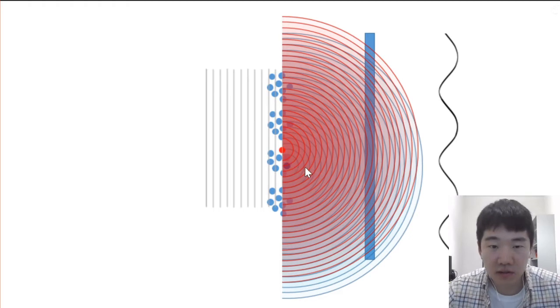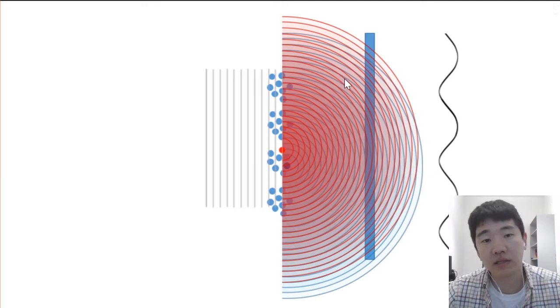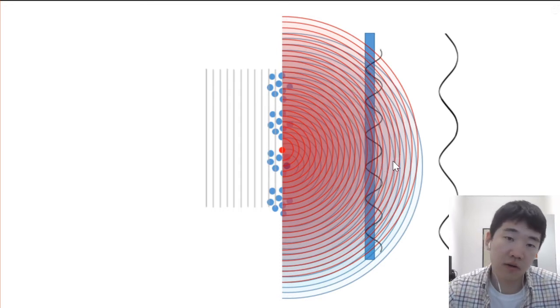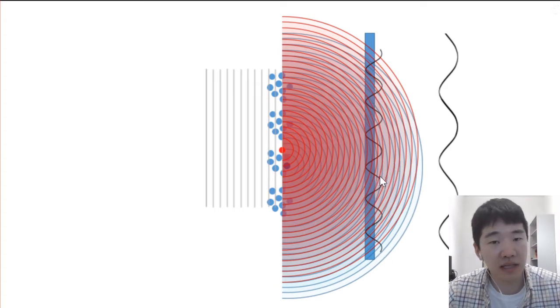And you see here the fringes get denser than before. Now it's the second nearest neighbor, and compared to the first nearest neighbor, it is much denser. If you observe in the detector, you probably see a slightly denser wave compared with the previous one.